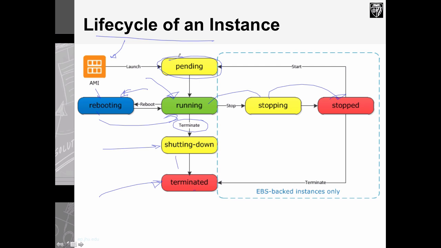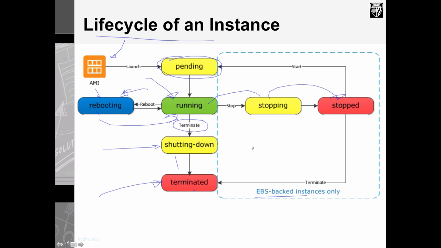The yellow boxes are the transition states, where it goes from one state to another. If you look at the right side of the diagram, you can only stop instances that are using what's called an EBS-backed instance.